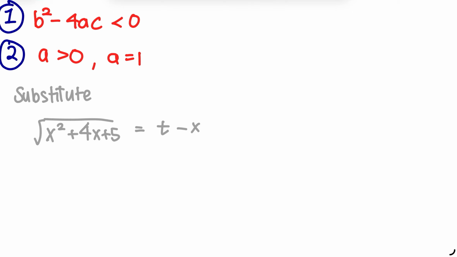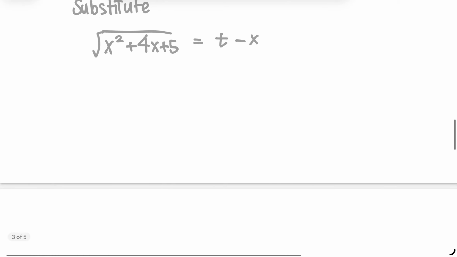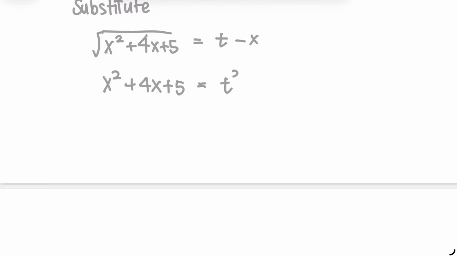That's simple. So what are we going to do? Differentiate it. Let's do it slowly. Squaring both sides, x squared plus 4x plus 5 equals t squared minus 2tx plus x squared.